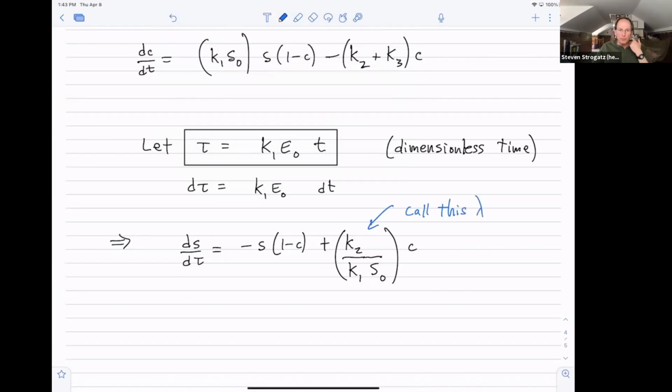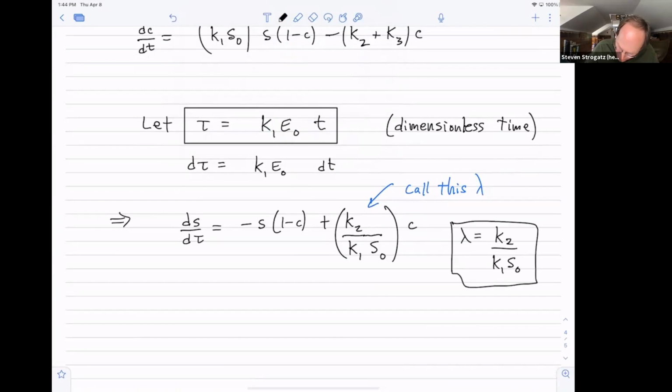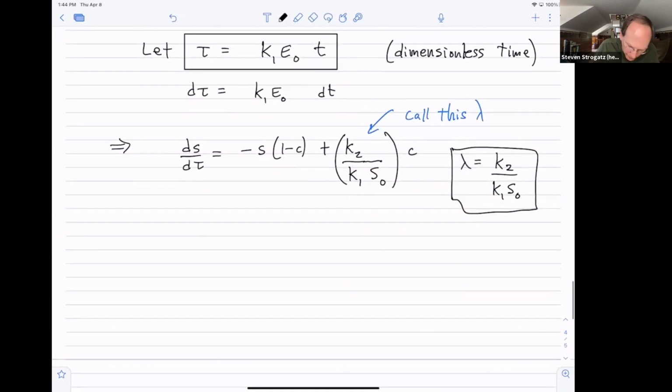It's some dimensionless group of rate constants and the initial substrate concentration. So I'm defining a new dimensionless parameter, lambda equals k2 over k1 S0. In those terms, ds by d tau is minus s times 1 minus c plus lambda c.